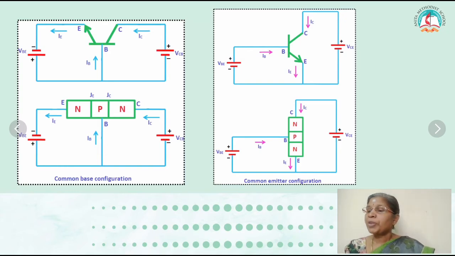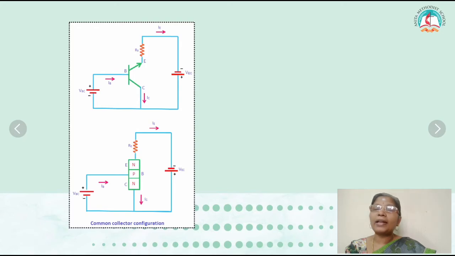Common emitter: the emitter terminal is common for both the input and the output side. The next one is common collector: the collector terminal is common for both the input and the output side. That is common collector configuration.